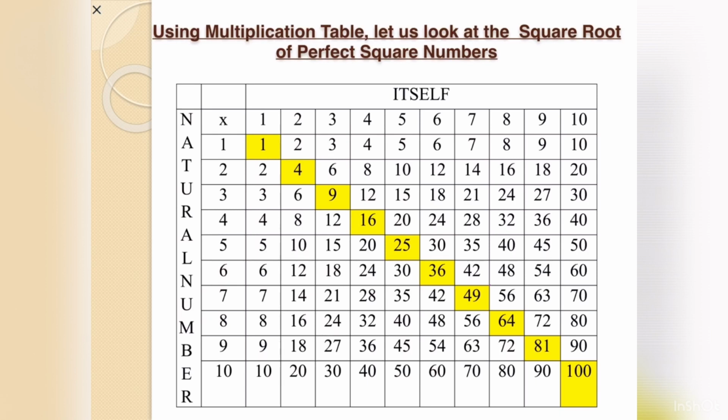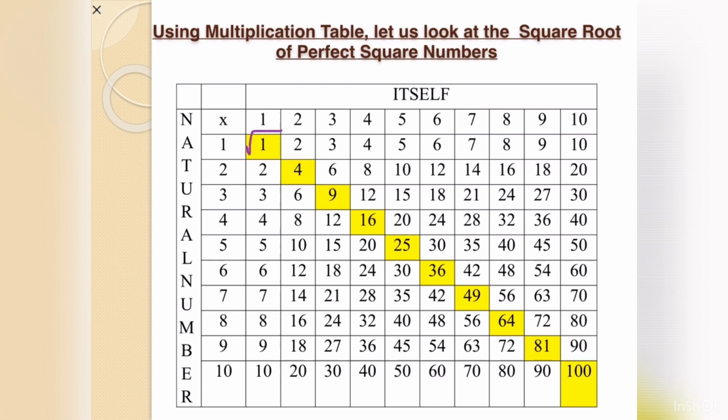Next, let us look at the square root of perfect square numbers using the multiplication table. All these numbers highlighted in yellow are perfect square numbers. Now, let us see the square root of these perfect square numbers.